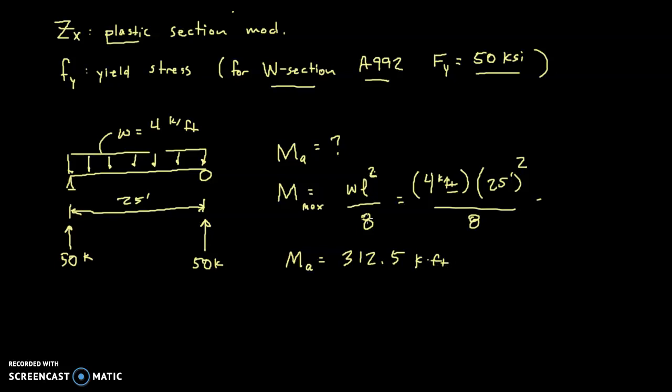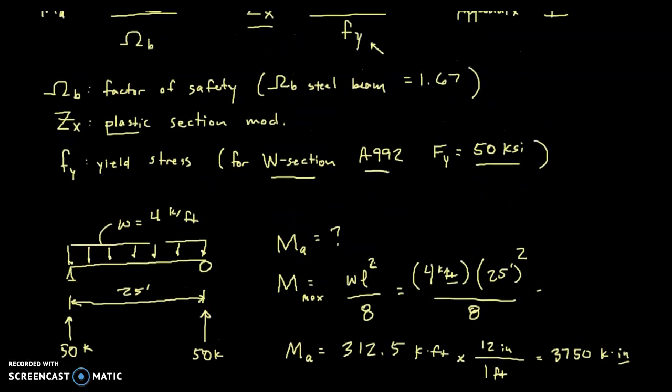Now, things like plastic section modulus are in inches to the third power. So I'm going to want to convert my feet to inches. For every 1 foot, there are 12 inches. And so if I take 312.5 times 12, I get 3750 kip inches.